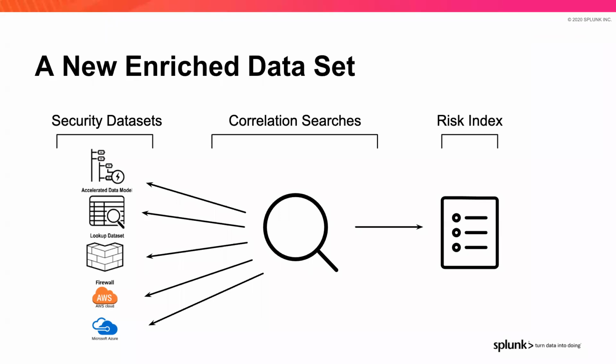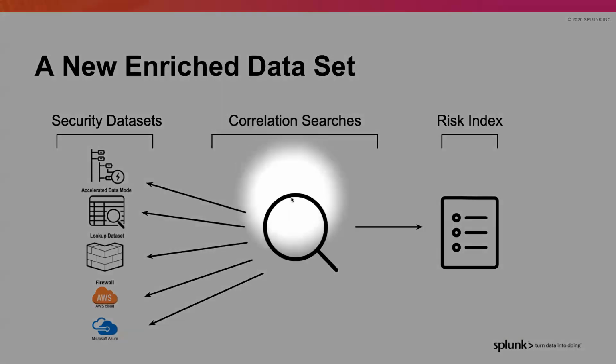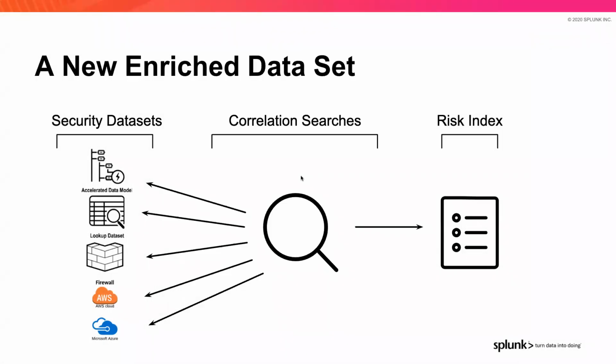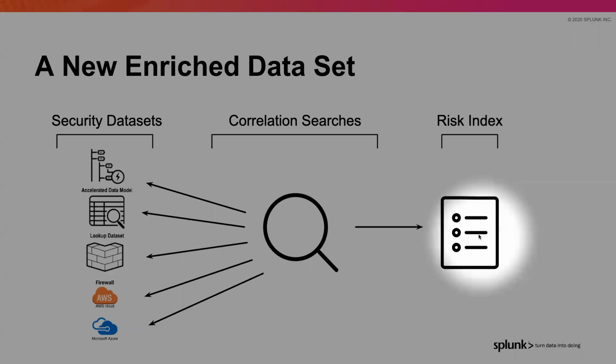Every alert you can think of, we want that data because Splunk is all about big data. So let's pull all that together, and in the middle, the correlation searches, let that be the vehicle to string all these data sets together and ultimately dump it into a common bucket.